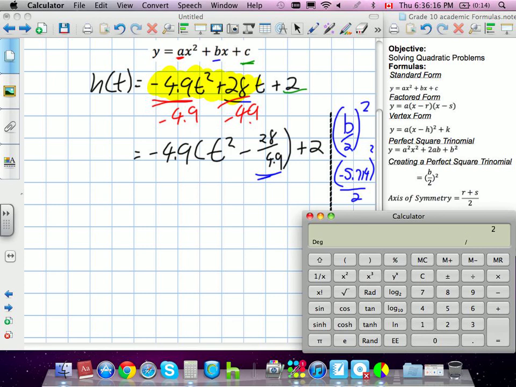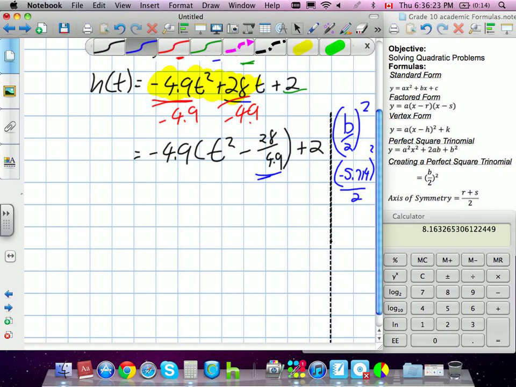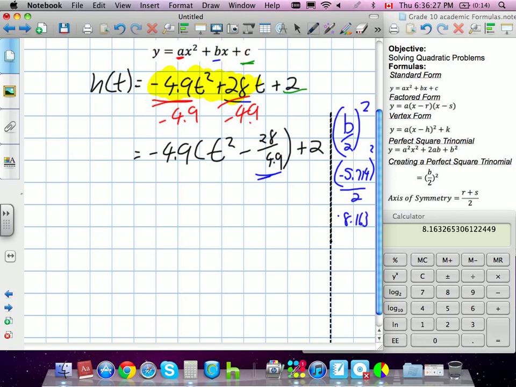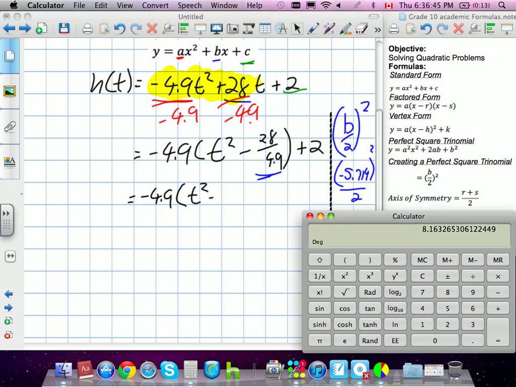And I have to add or subtract this number to it. Does this look familiar to you? So I will add and subtract that number into the brackets here. So I get negative 4.9, so this is a much more complex one. T squared minus, I'm going to write this in as its decimal form, 28 divided by 4.9, because it's such an odd fraction anyways, minus 5.714 t.